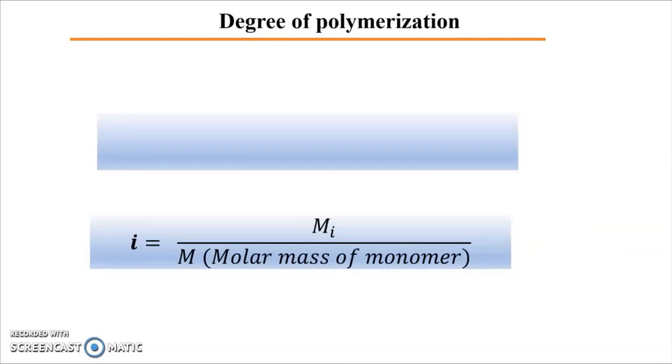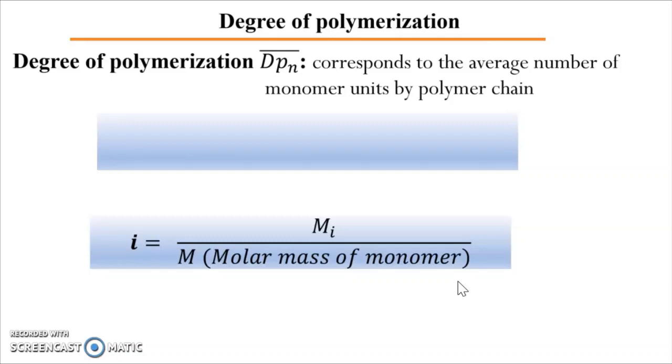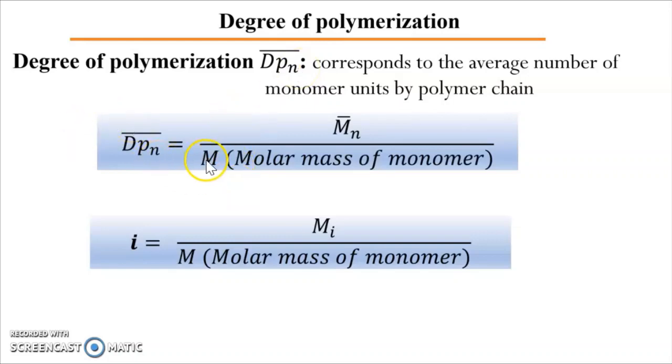Also, to determine the number of repetitive units i, we can divide the mass Mi of the chain having i repetitive units by the molar mass of the monomer, and we get the number of repetitive units in a specific polymer chain. In parallel, we can determine the degree of polymerization, which is the average number of monomer units per polymer chain. As it is an average number, it is equal to Mn, the number average molecular weight, divided by the molar mass of one monomer unit.